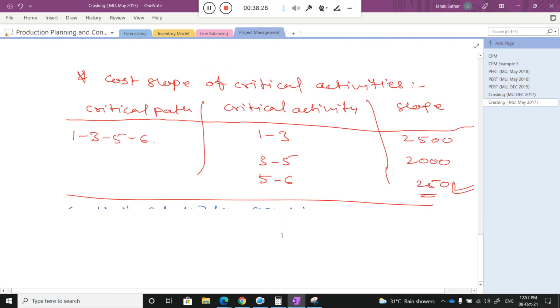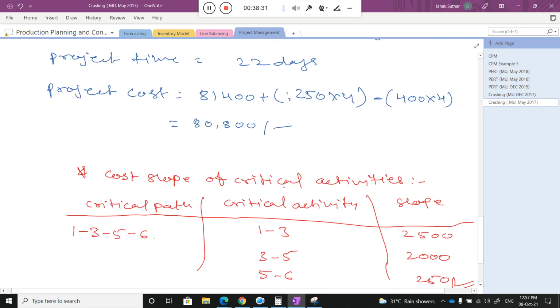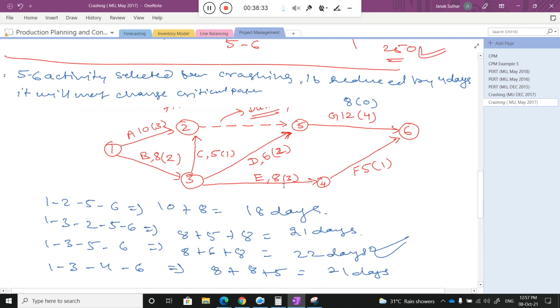Now how much amount I can reduce this 5 to 6 activity, that I need to check, right? So I go to the main network diagram. Already I reduced that particular thing. So what is the feasibility to reduce that 5 to 6 activity? Quickly tell me, because only 2 to 3 minutes is remaining.